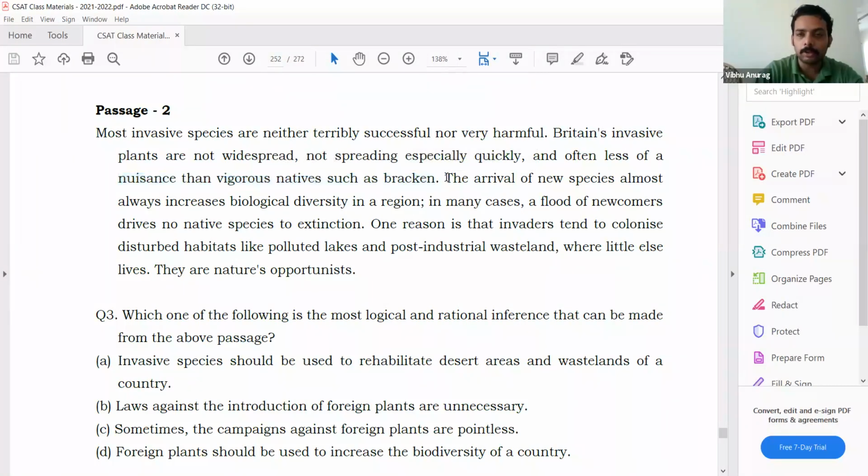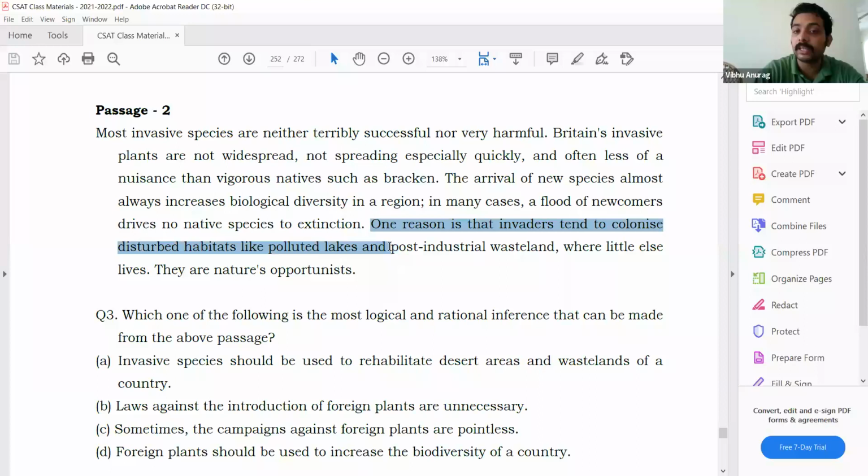The arrival of new species almost always increases biological diversity in a region. In many cases, a flood of newcomers drives no native species to extinction. So there is no downside of these newcomers. They increase biodiversity and they don't really drive any species to extinction.